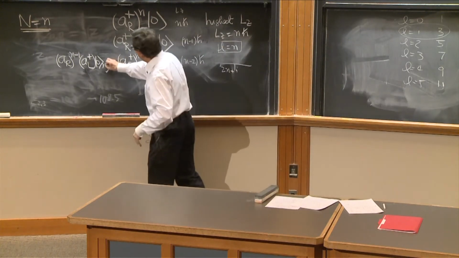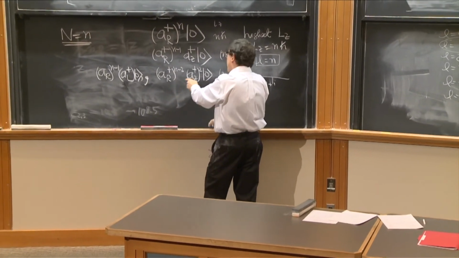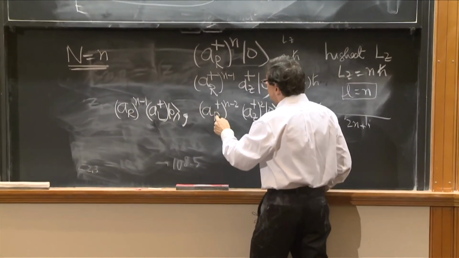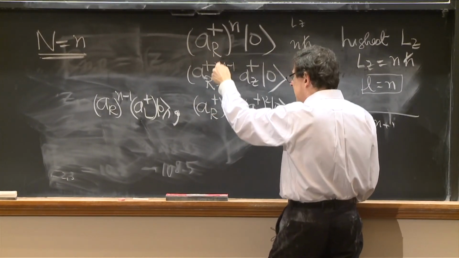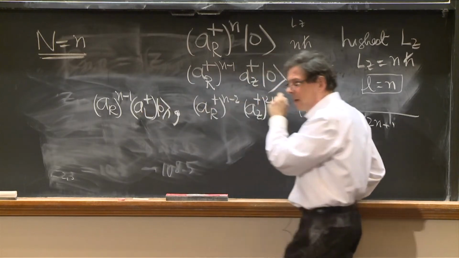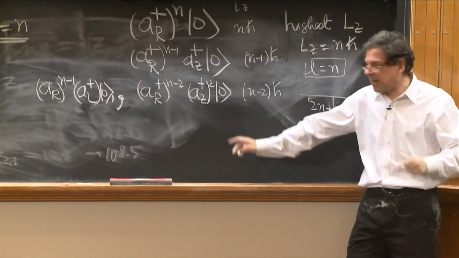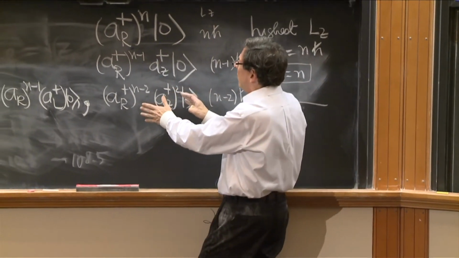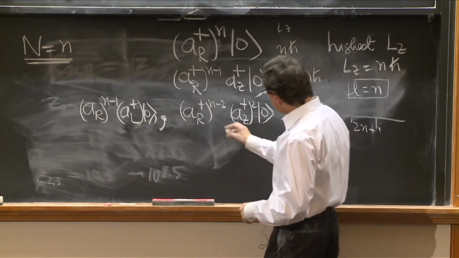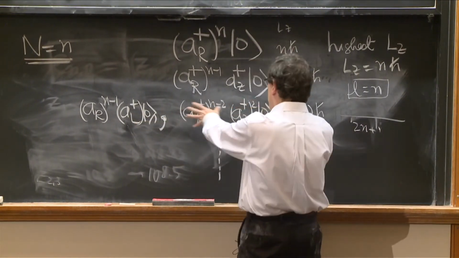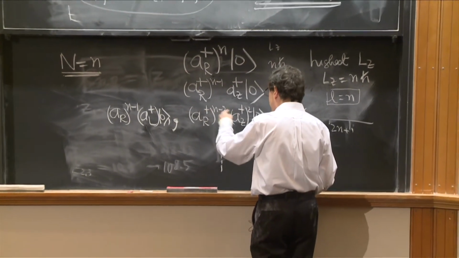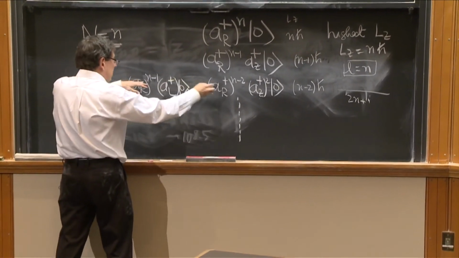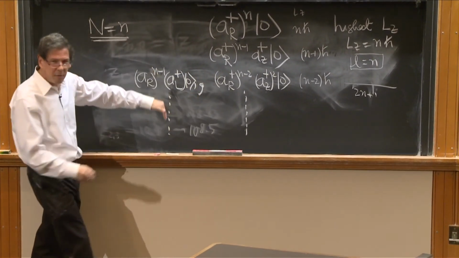If you're trying to build this multiplet, now you have 2 states that have the same value of Lz, and you actually don't know whether the next state in the multiplet is this or that or some linear combination. It better be some linear combination. But the fact is that at this level, you found another state. So this multiplet will go on, and it will be some linear combination. Maybe this diagram doesn't illustrate that. But then you will have another state here, so some other linear combination that builds another multiplet.